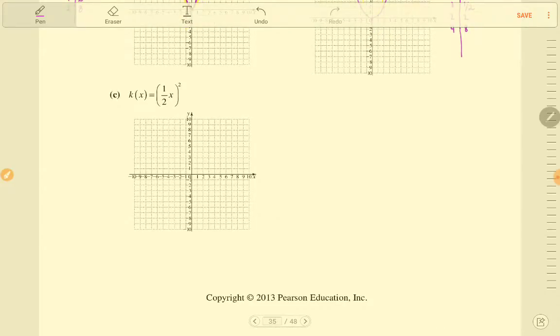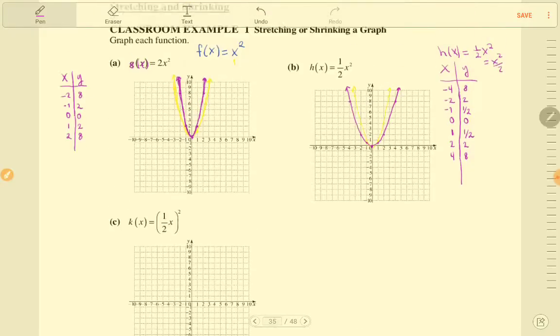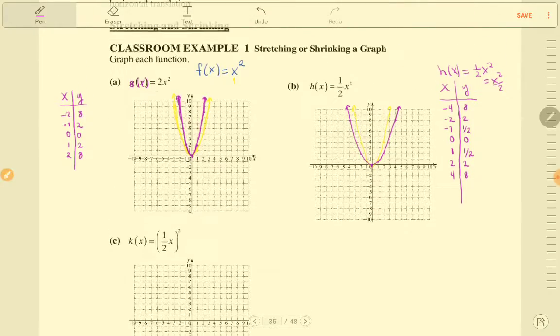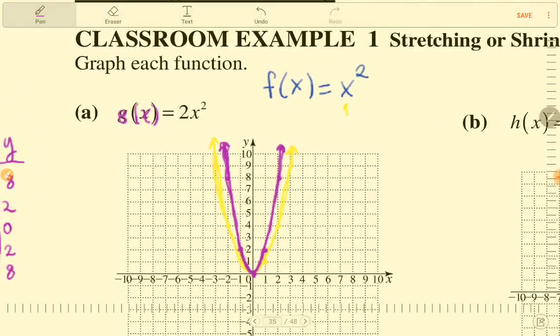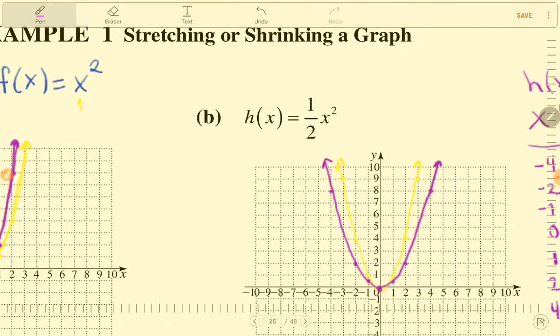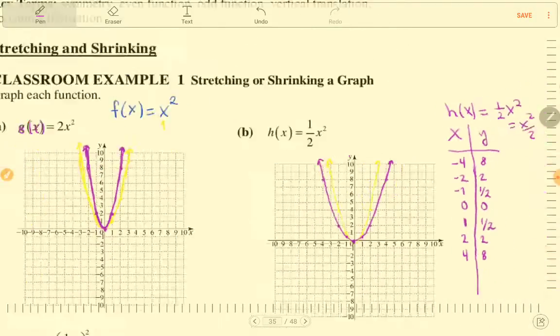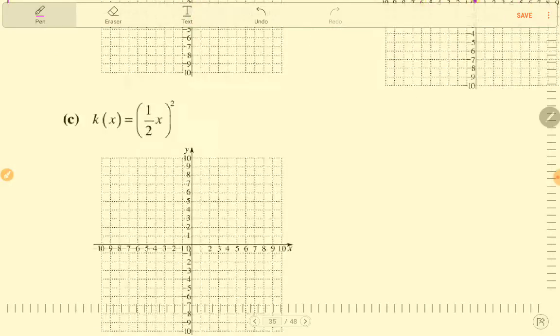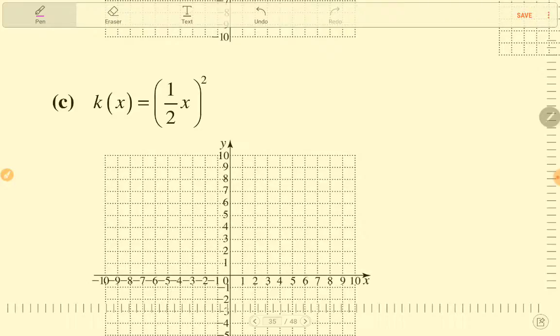Okay, this one is different from the other two because the coefficient of 1/2 is inside a set of parentheses, and that whole quantity is being squared. Before, the coefficient was not, like for g of x, 2 was not being squared, only x was being squared. But now, the coefficient is inside the quantity to get squared.